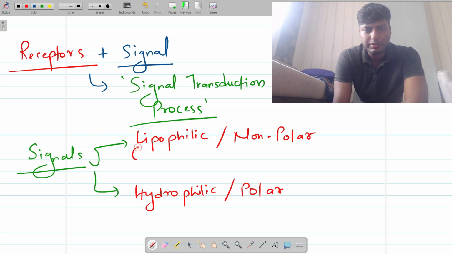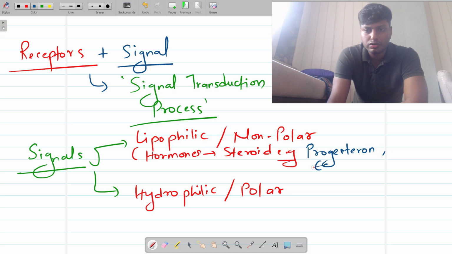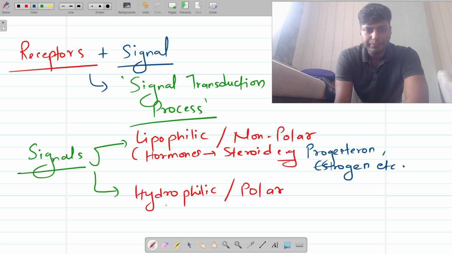The best examples of signals which are lipophilic or non-polar are the steroid hormones. Examples are progesterone or estrogen, etc.